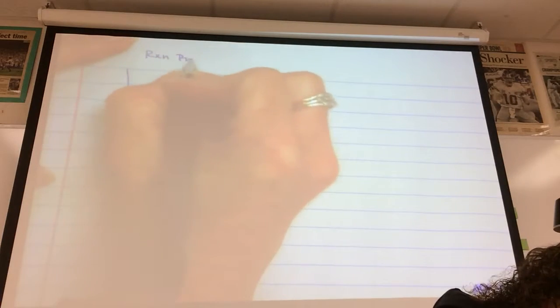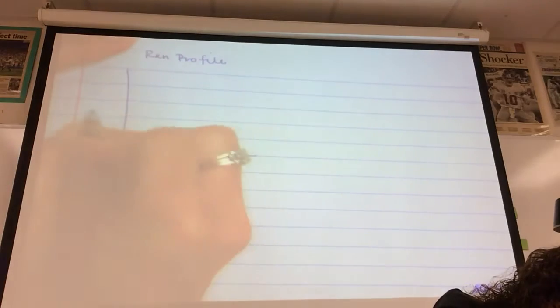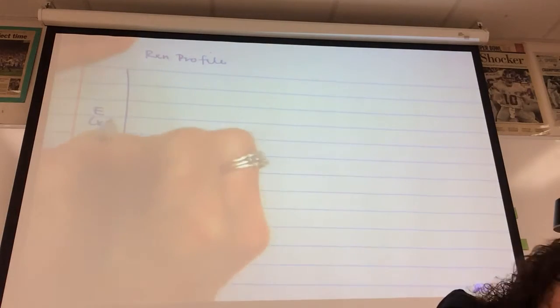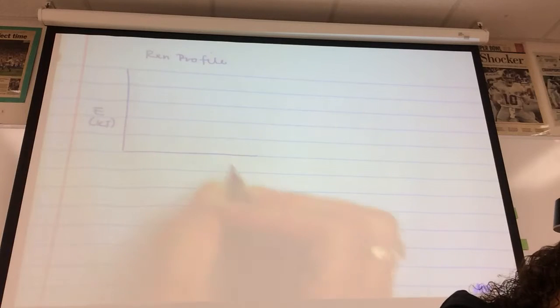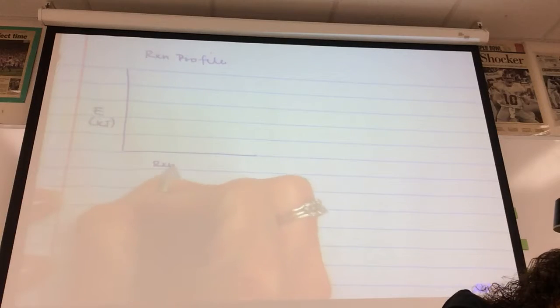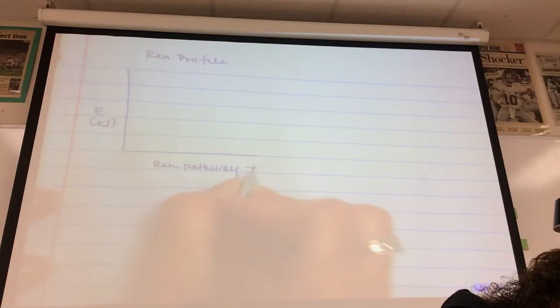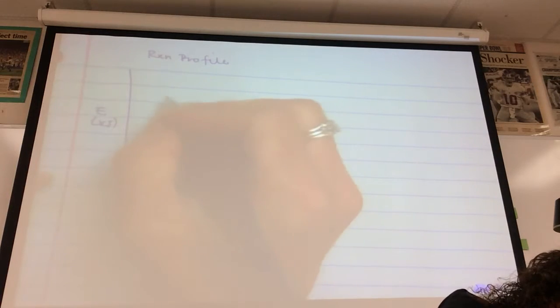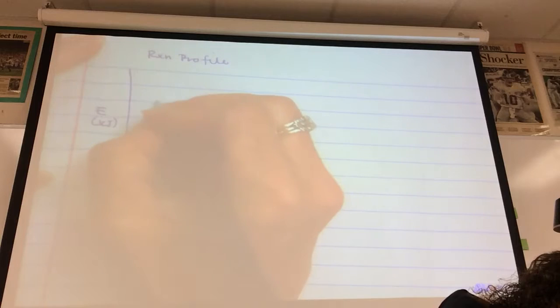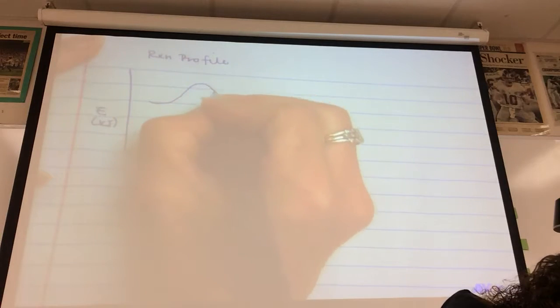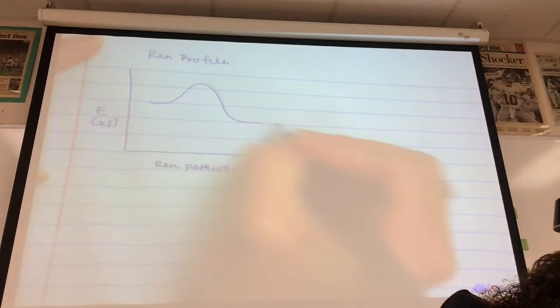For example, this would be a very simple reaction profile. Here's energy in kilojoules, and this will be your reaction pathway from left to right. We've looked already at exothermic reactions.